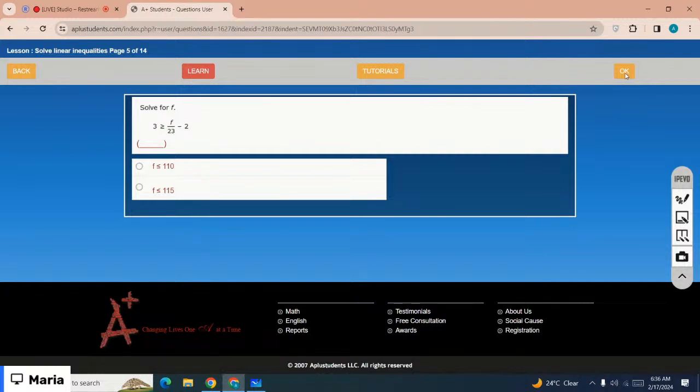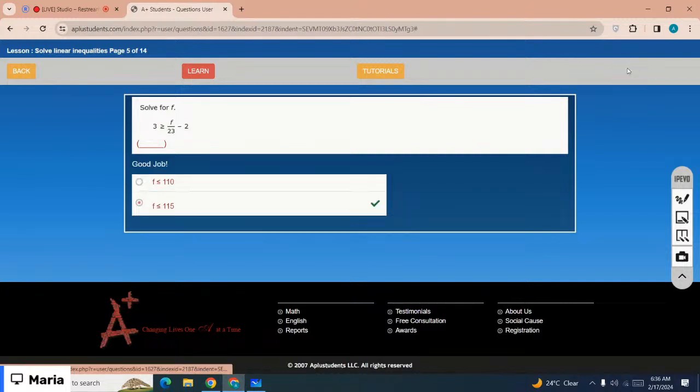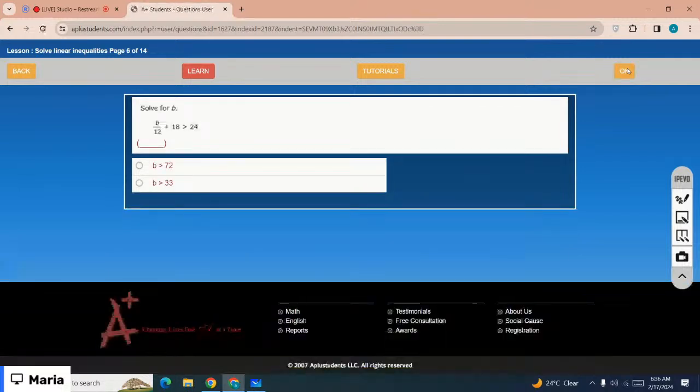The correct option is F is less than or equal to 115. Option number 2 is the correct option. B divided by 12 plus 18 is greater than 24, which is the correct option?